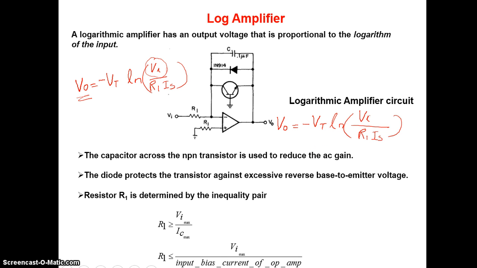Now just understand the important thing here. What is the function of the capacitor? The capacitor across this NPN transistor is used to reduce the AC gain, and the diode put here is for protecting the transistor against excessive reverse base to emitter voltage.